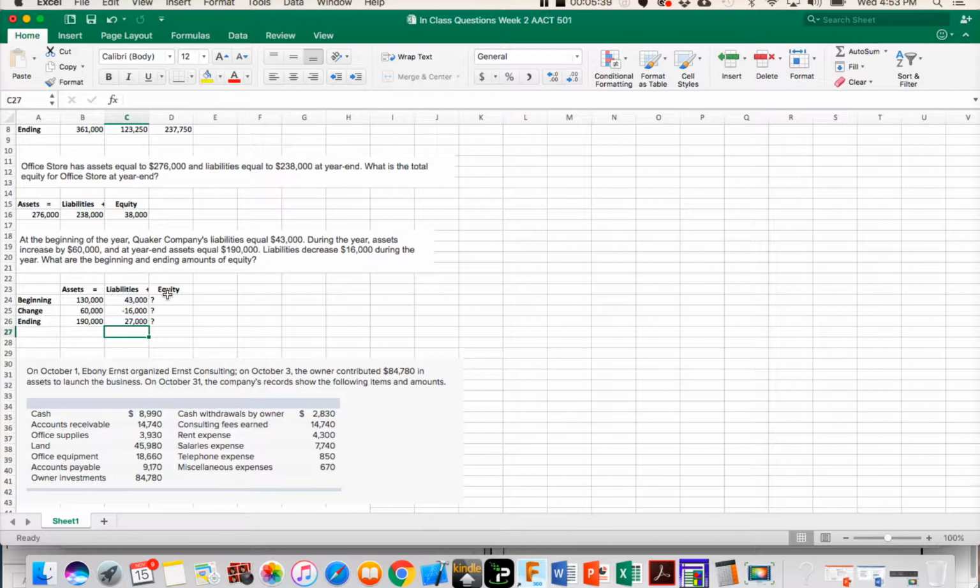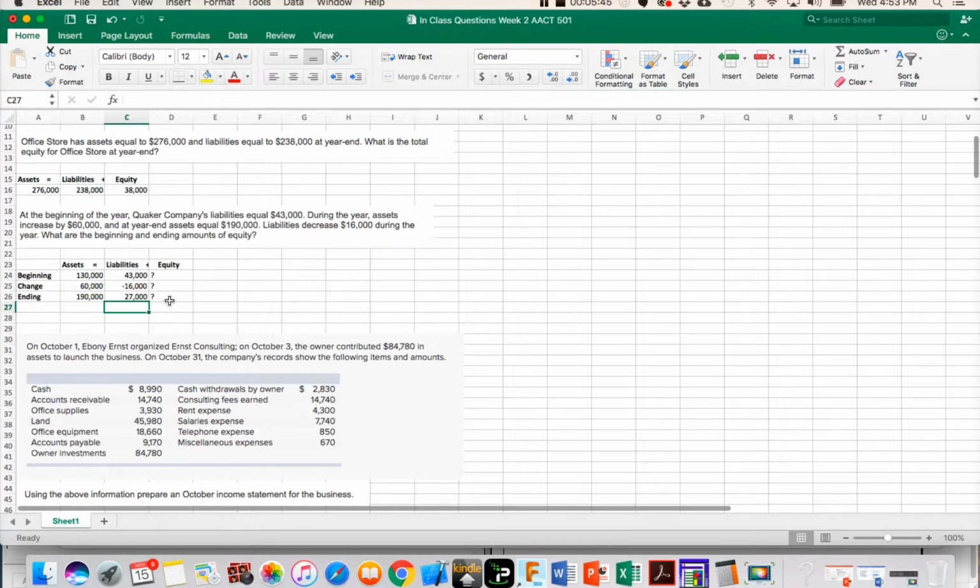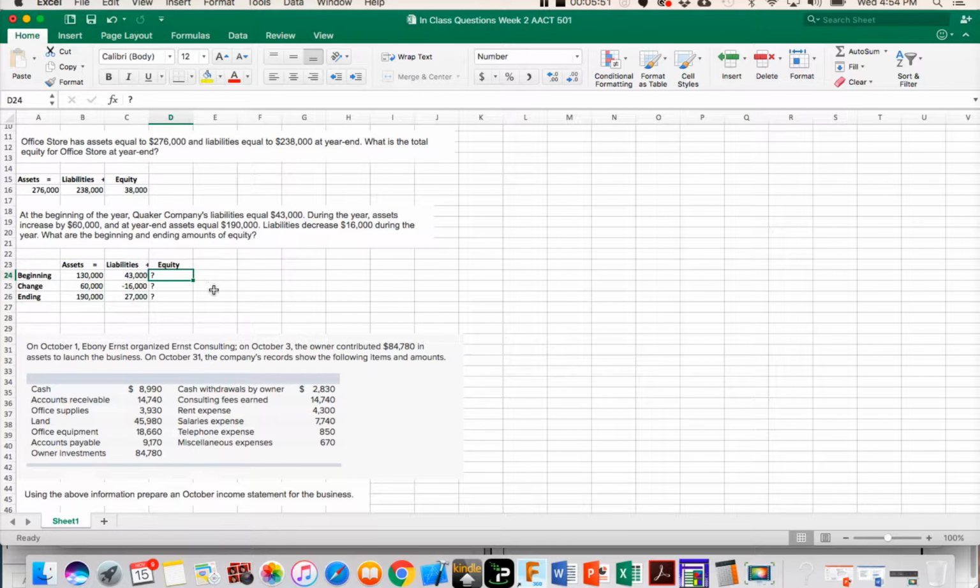But I'm pretty sure I gave you all this, so you already had the formatting in there. At any rate, working left to right here, again, assets minus liabilities in this case.